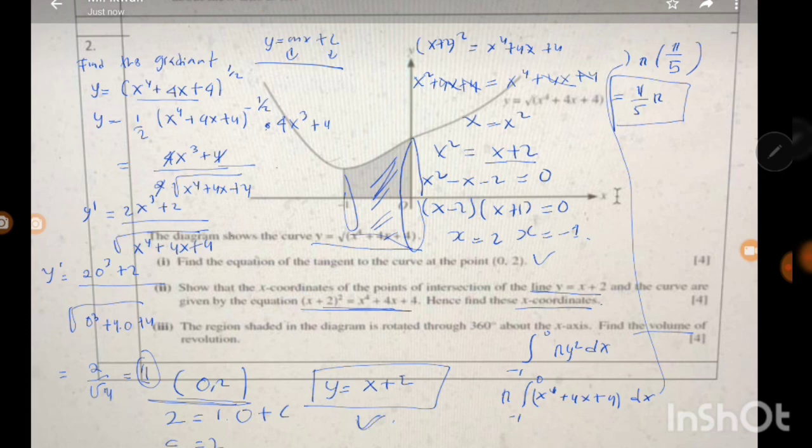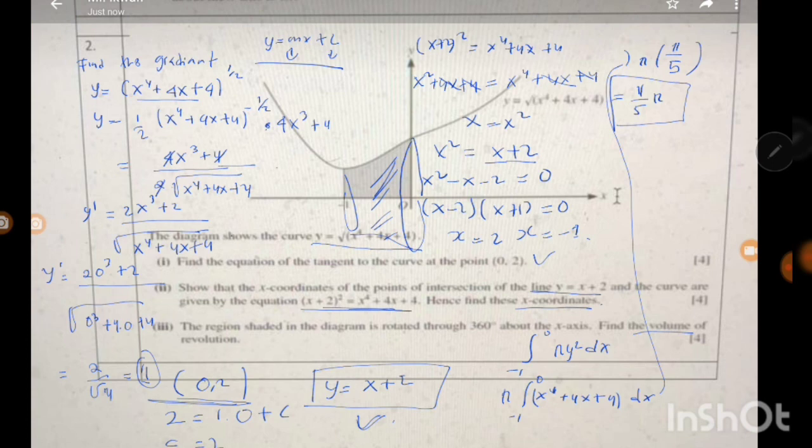And for part i, you make this one first, because (x + 2)² equals that one, so you find x equals x². Because x² intersects with the line x + 2, it means you have x² equals x + 2. Then you can use quadratic factorization, so you can get x equals 2, x equals negative 1.